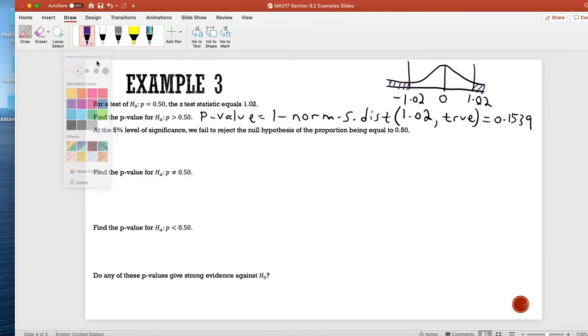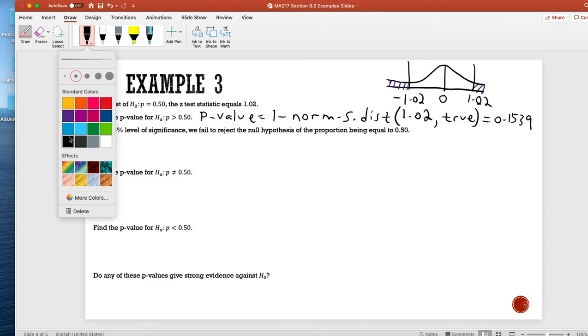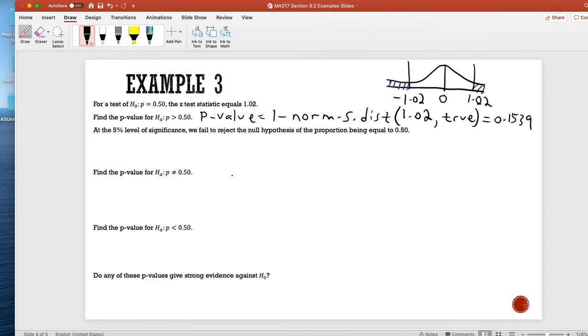But one of the nice things is, since we just calculated it up here, the p-value, since the standard normal curve is symmetric about 0, both of these areas are the same.